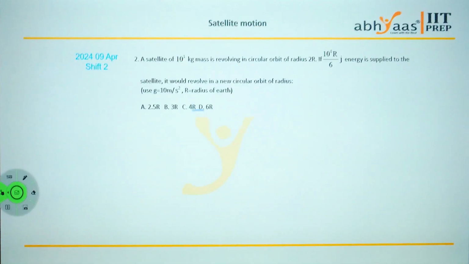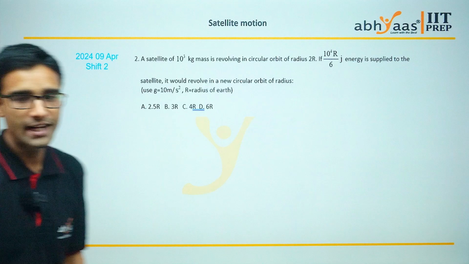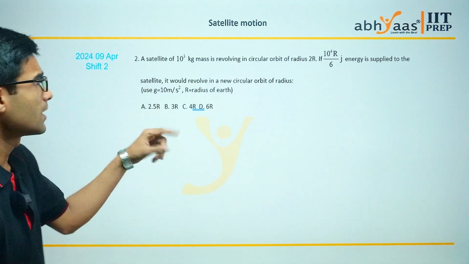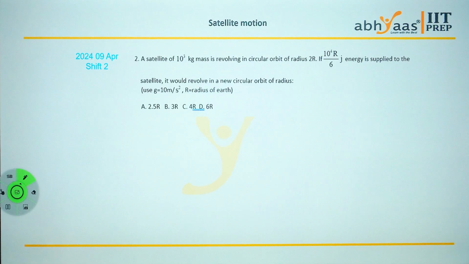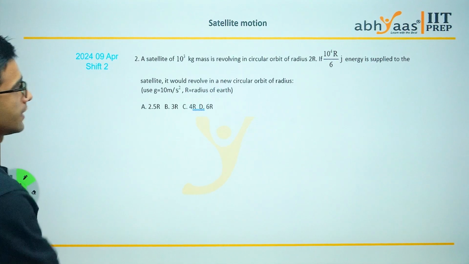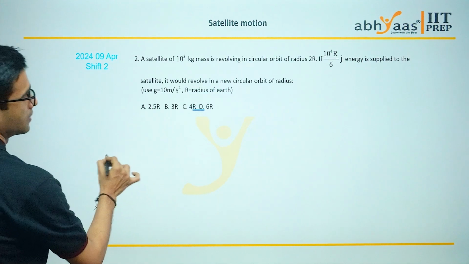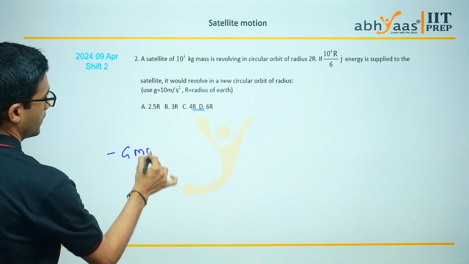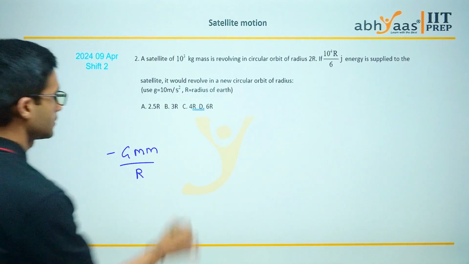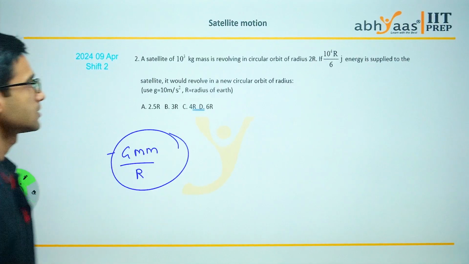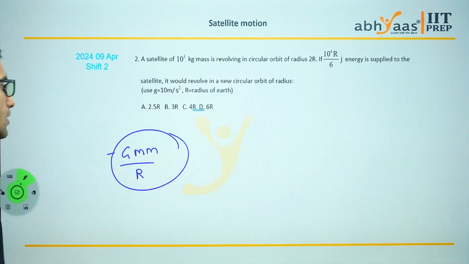So the next one is also very simple, satellite motion. What happened? Initially the satellite is there, and it is revolving. The energy is minus GMm by r. Then some energy is given such that it goes to a new orbit.